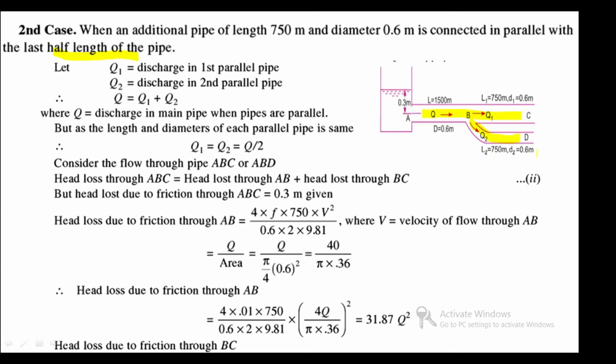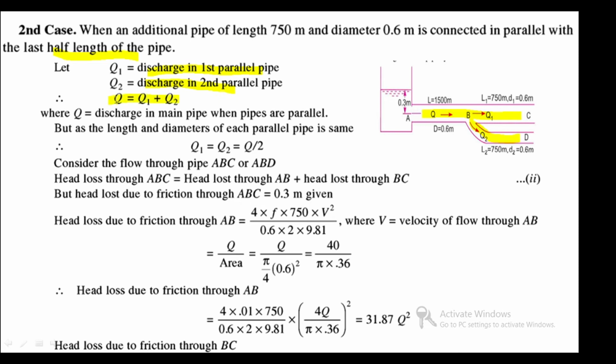The L1 is BC, L2 is BD. Let Q1 be the discharge in the first parallel pipe and Q2 the discharge in the second parallel pipe. Here Q equals Q1 plus Q2, right?